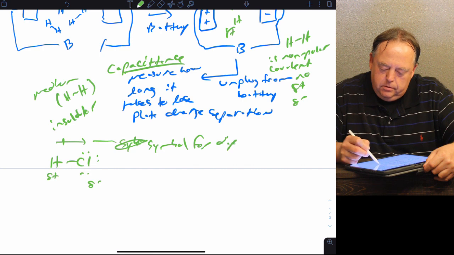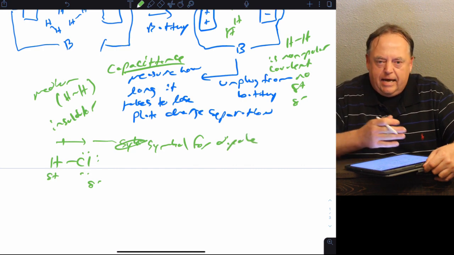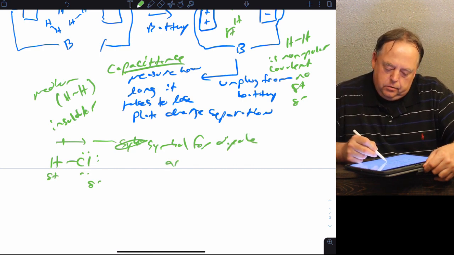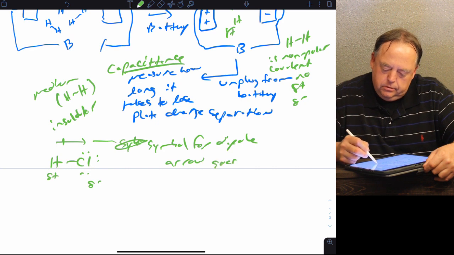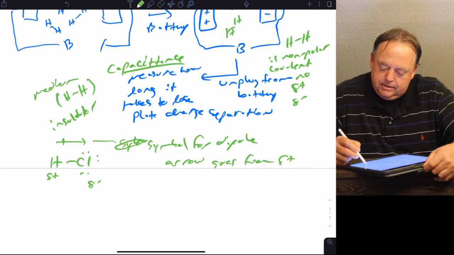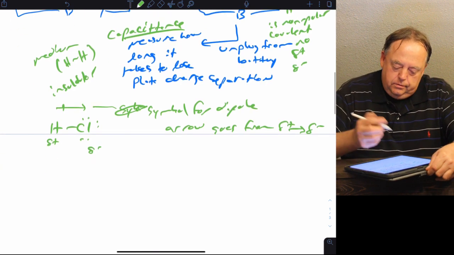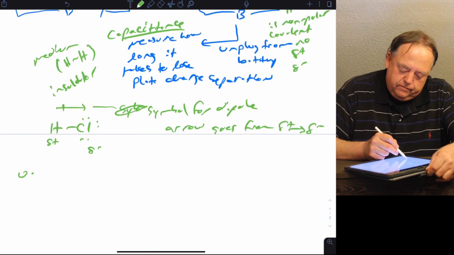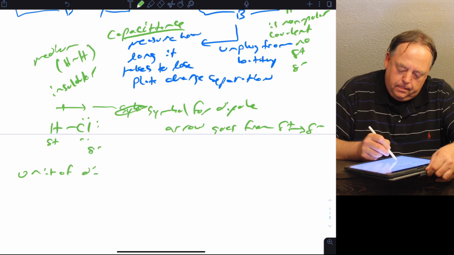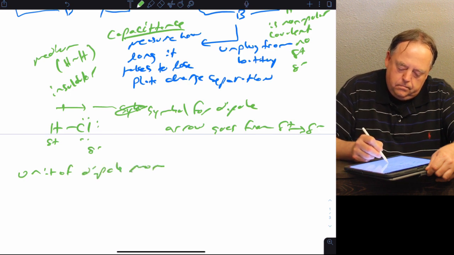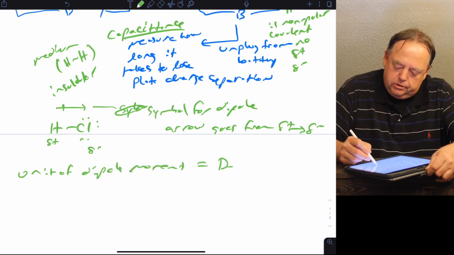And so the symbol for dipole moment is an arrow with a cross at the end, and the arrow goes from the partial positive to the partial negative atom. The unit of dipole moment is what's known as the debye.